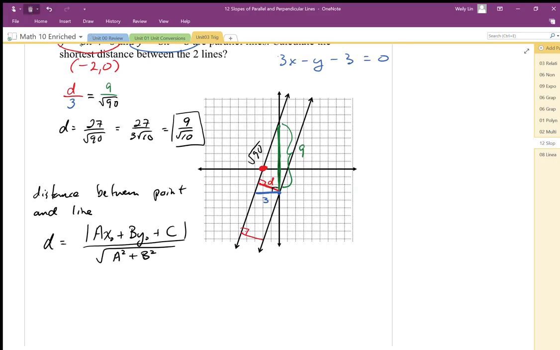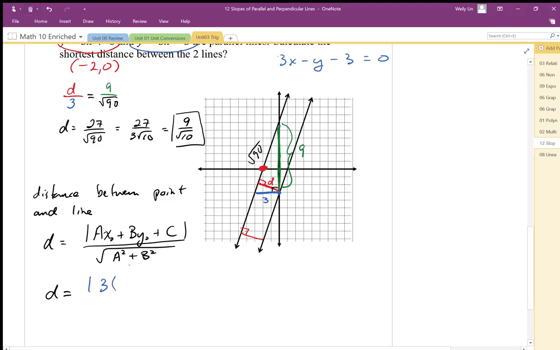So the distance is equal to the absolute value of a, so that's 3, times the x coordinate, which is -2.